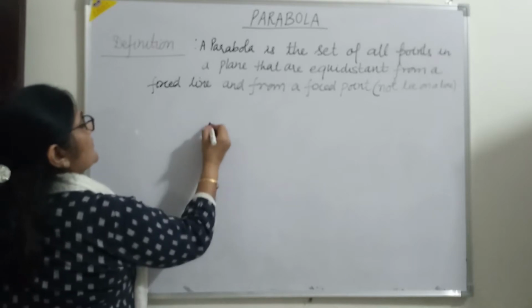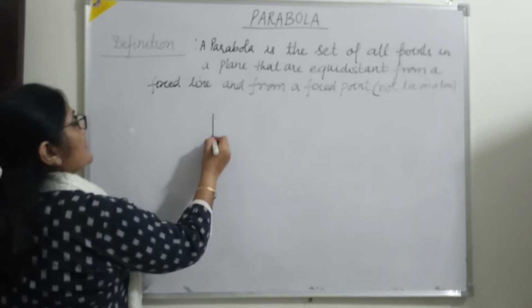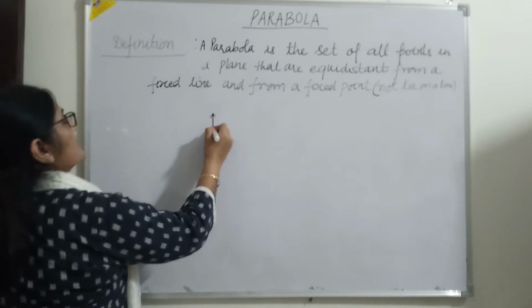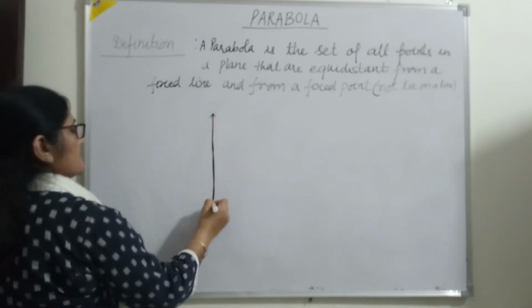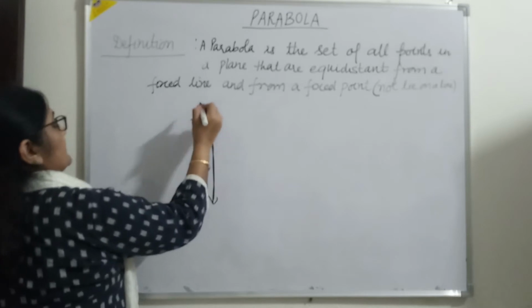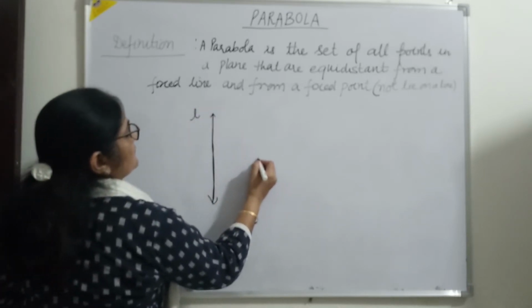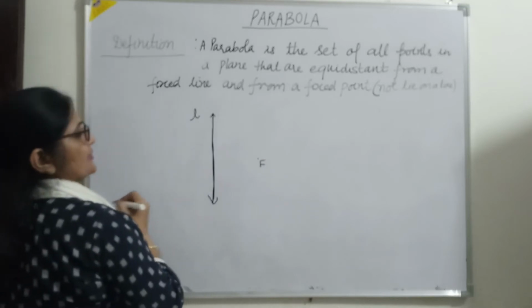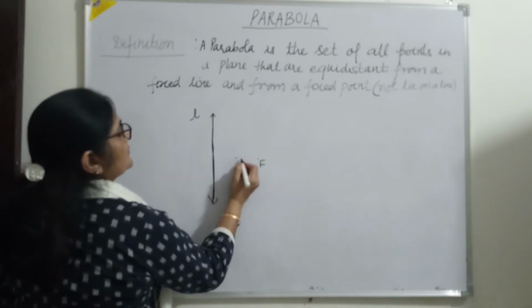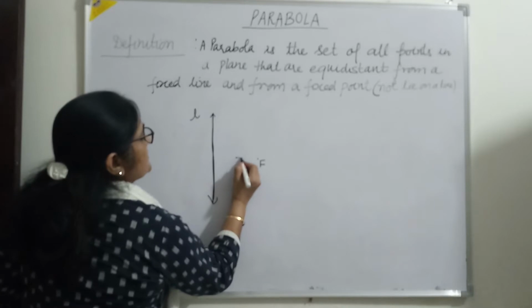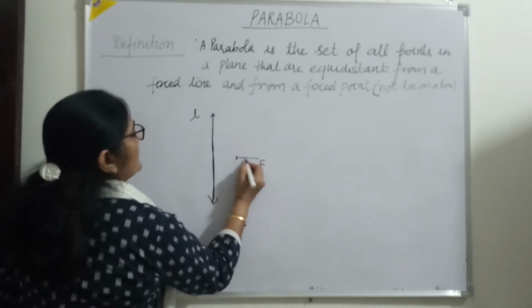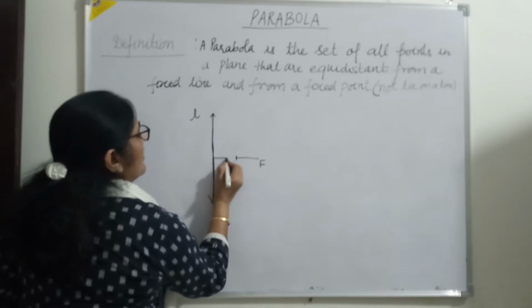Let L be the fixed line and F a fixed point. Consider the distance of a point from the fixed line and from the fixed point.